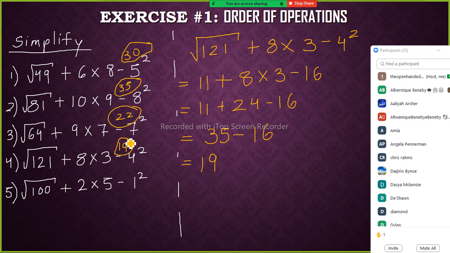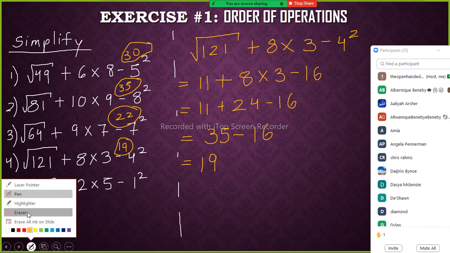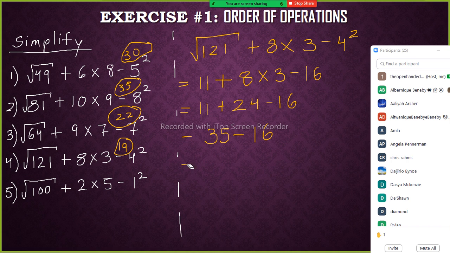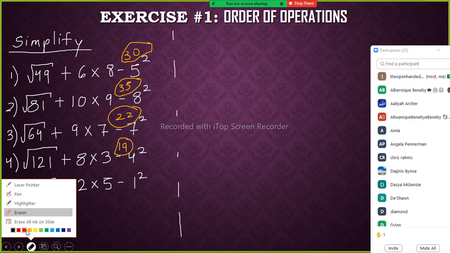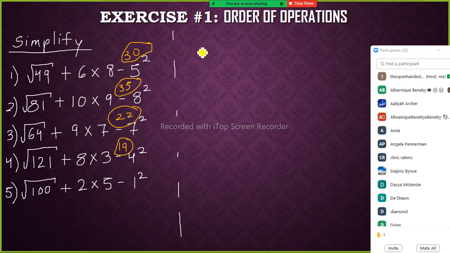And the final question of our exercises is the square root of 100 plus 2 times 5.